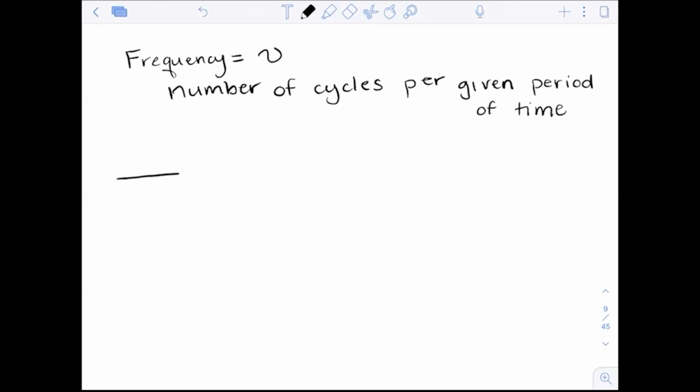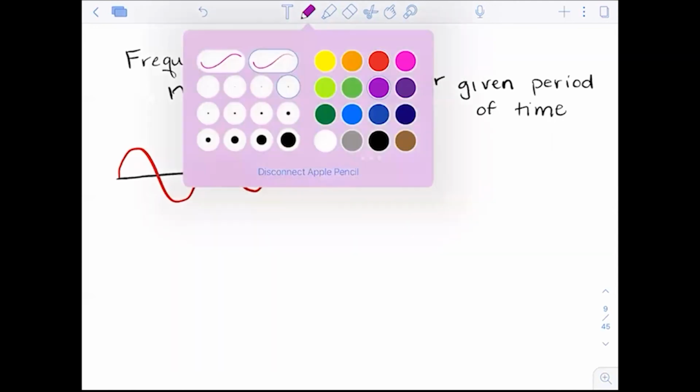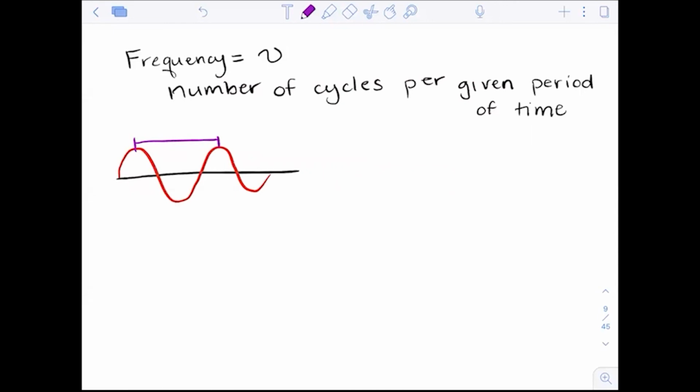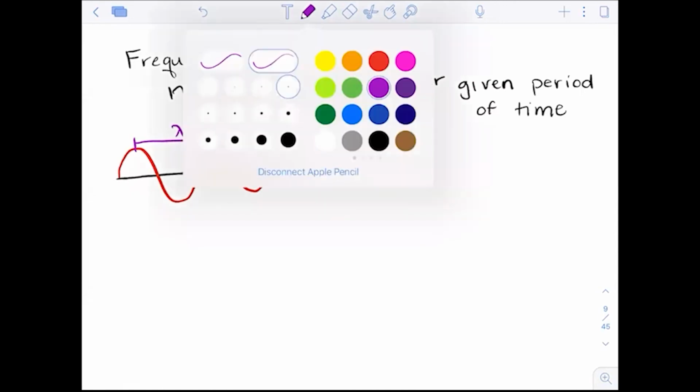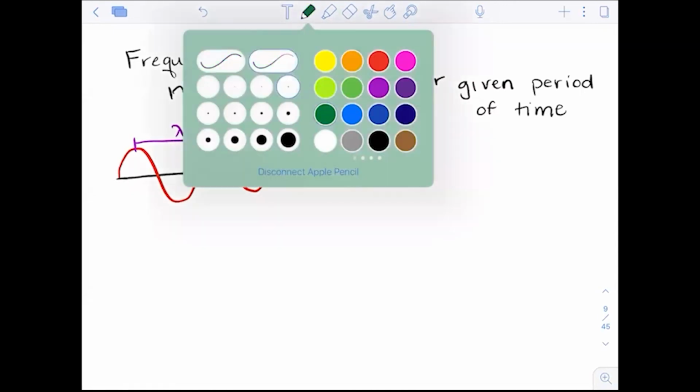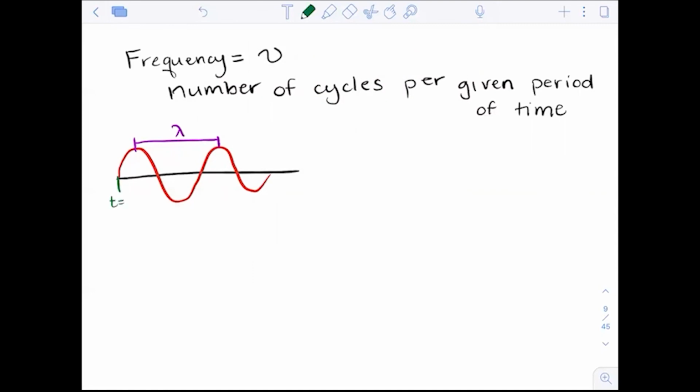So if I want to bring back another one of our waves here, let's just draw a wave. There we go. I can look at wavelength right here. There's lambda. It's not until I bring about, let's change it to green, the actual time that I can express a frequency. 1 wavelength, 2 wavelengths.